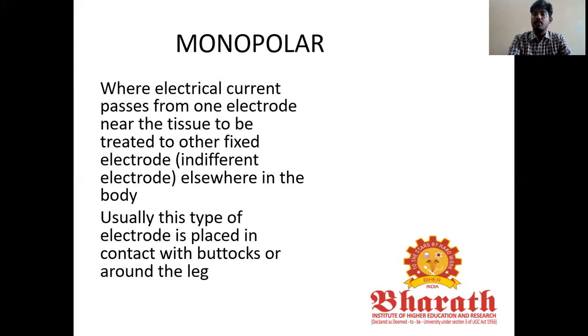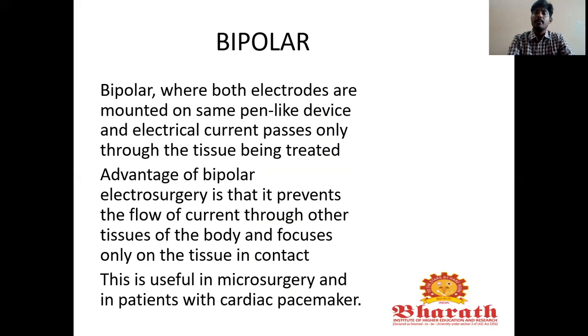The electric current passed from one electrode near the tissue being treated, but the other electrode was in contact with the patient's buttock or around the leg, like a reference electrode. But in the bipolar method, both electrodes are mounted on the same pen-like device, and the electric current passes only through the tissue being treated.